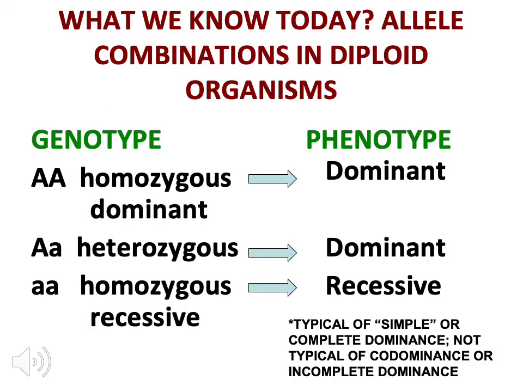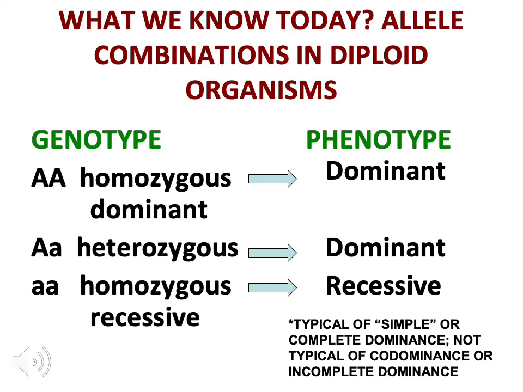Well, let's take a look at the relationship between genotype and phenotype. We'll take a look at genotype first. Remember, we said that there were two possible gene states for any one gene. Genes come in two different flavors. Some are dominant and some are recessive.